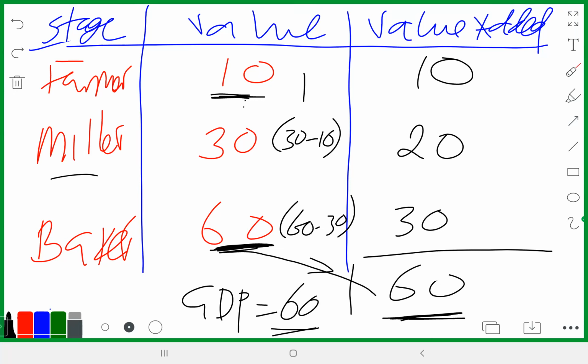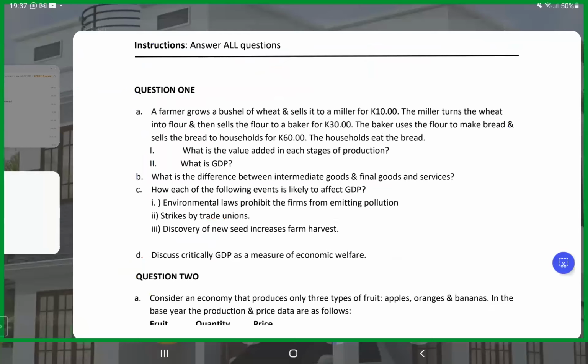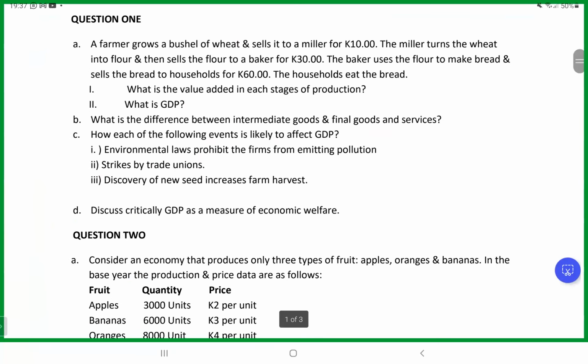Into bread. And the bread shall not be converted into anything. For that reason, bread is the final good. Okay? It's a final good. And then the flour and these other ones are the intermediate goods because they are still going to be used for further production. Does that help? Is that clear? Okay.